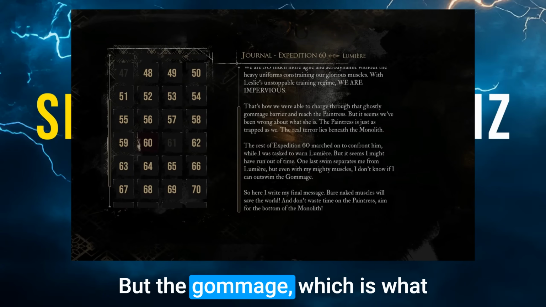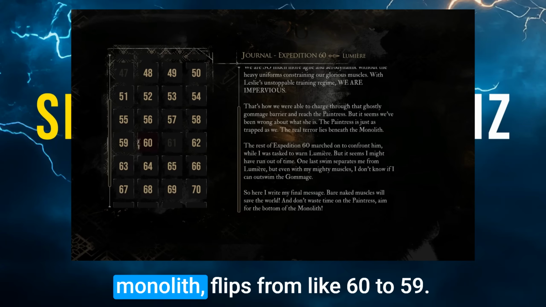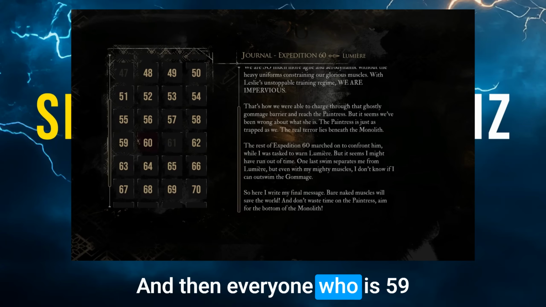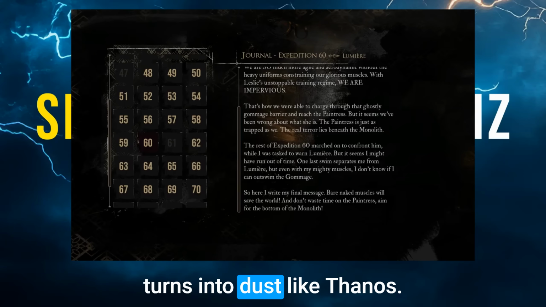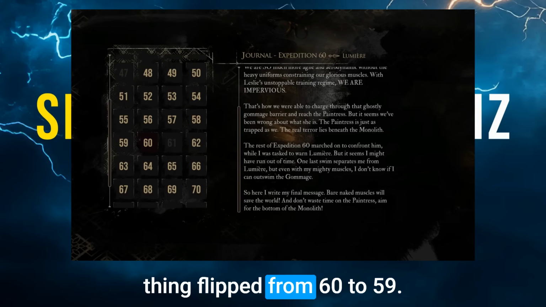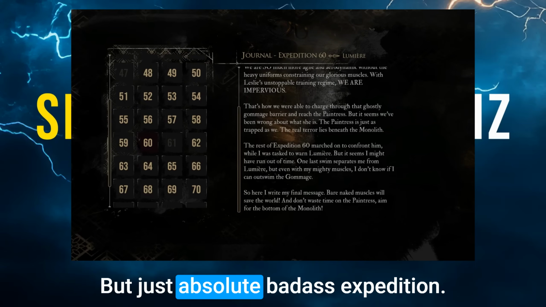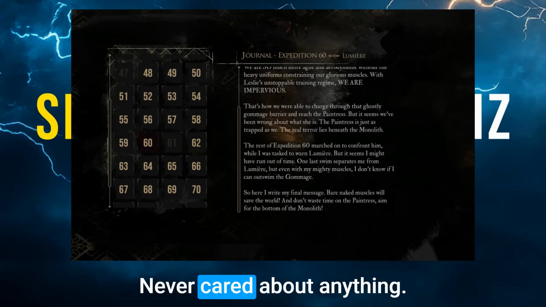But the Gommage, which is what happens when the number on the monolith flips from like 60 to 59, and then everyone who is 59 turns into dust, like Thanos. He didn't make it before this thing flipped from 60 to 59. So he disappeared. He died before he made it back to the city. But just absolute badass expedition, never cared about anything.